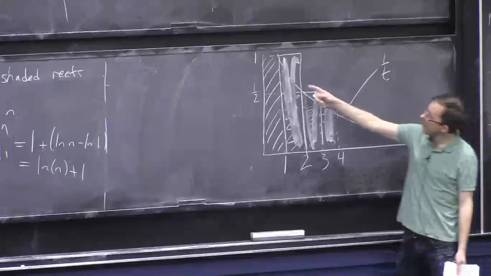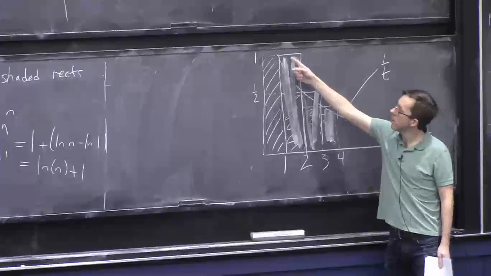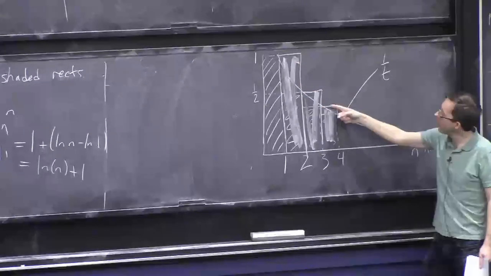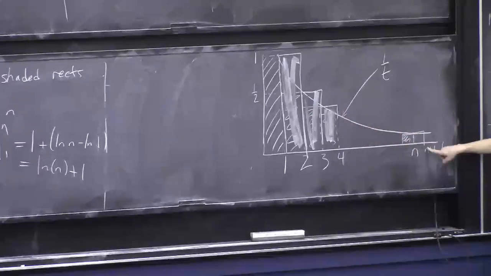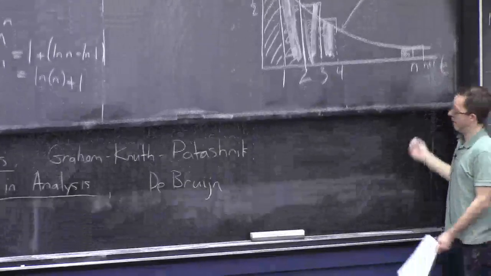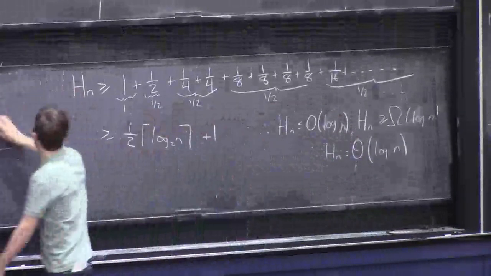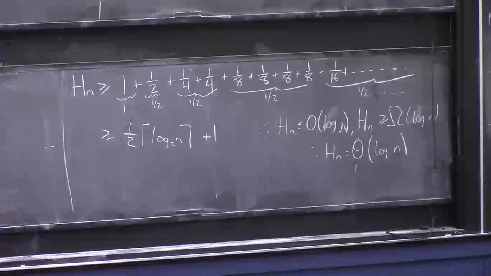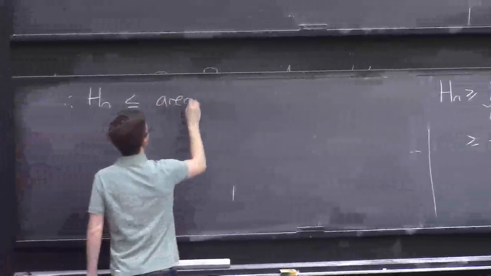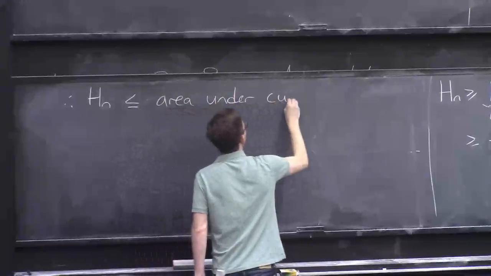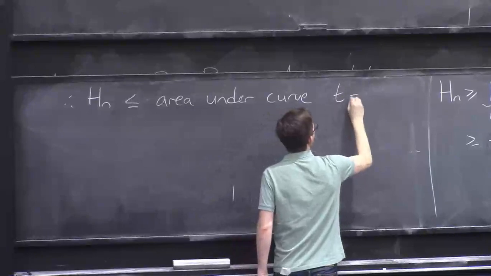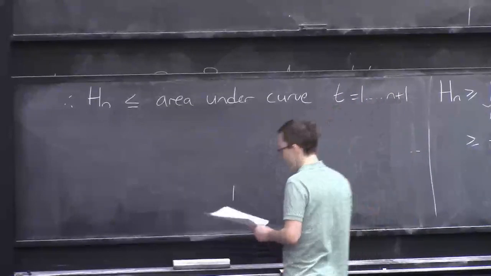So you see the area of the rectangles is still the harmonic number. And now the area enclosed is above the curve, at least if you go out to n plus 1. Hopefully you can decipher that picture. What it's implying is that H of n is at least the area under the curve from t equals 1 out to n plus 1.